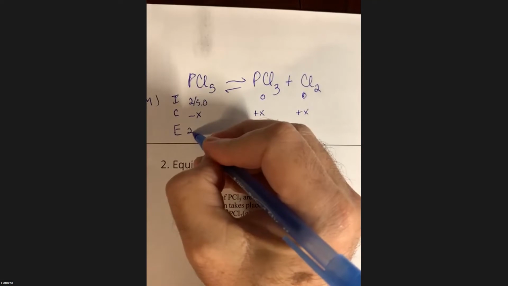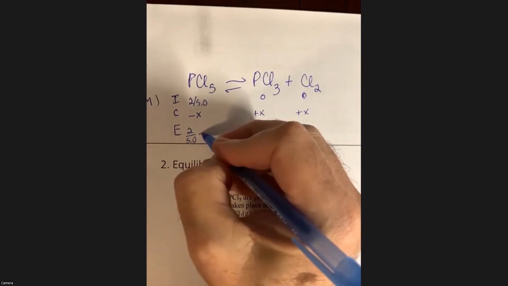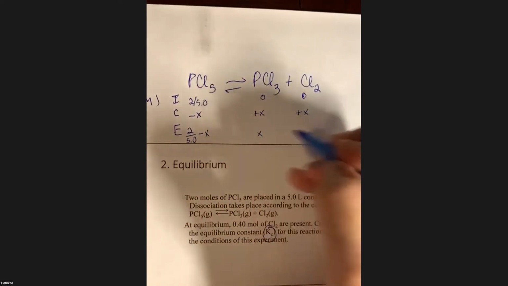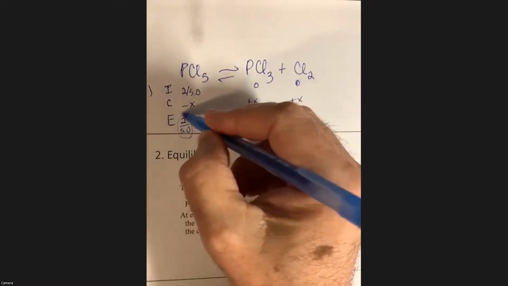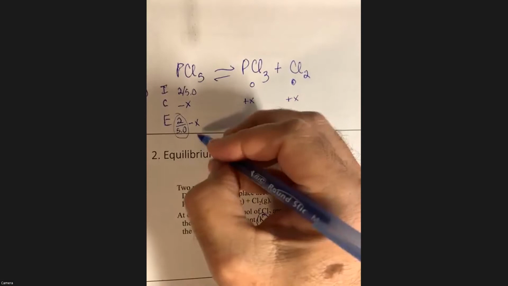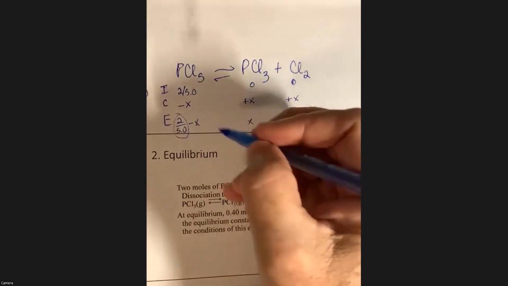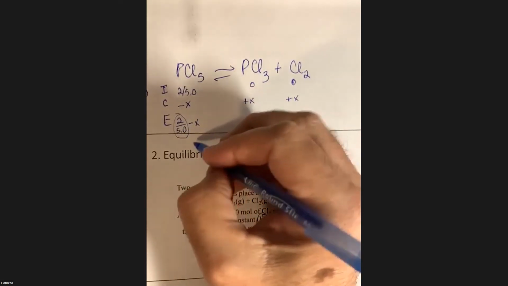So at the end, you're going to have here 2 divided by 5 minus X. This is going to be X, and this is going to be X. And of course, you can calculate this, right? You know that 2/5 is what? 0.4, right?